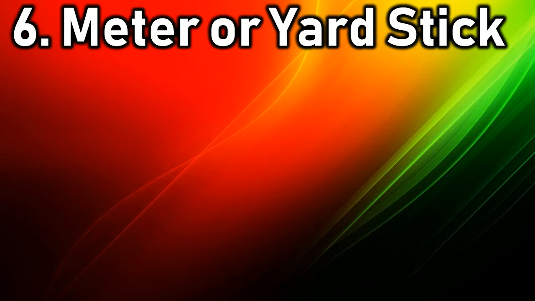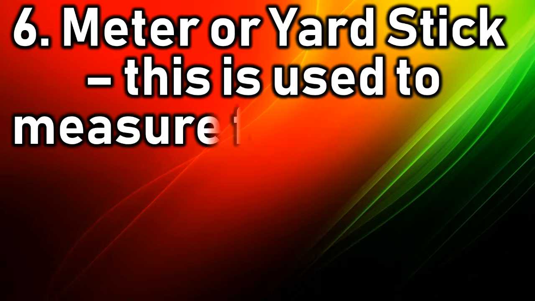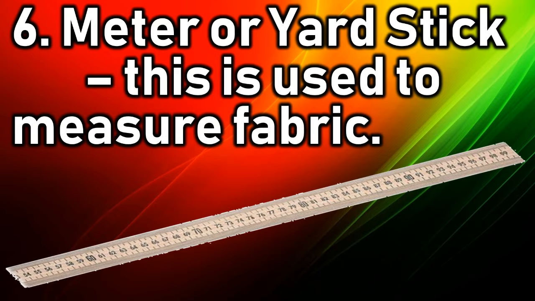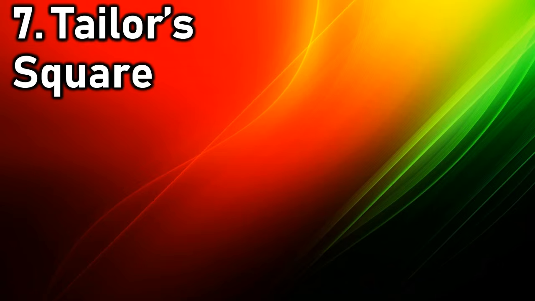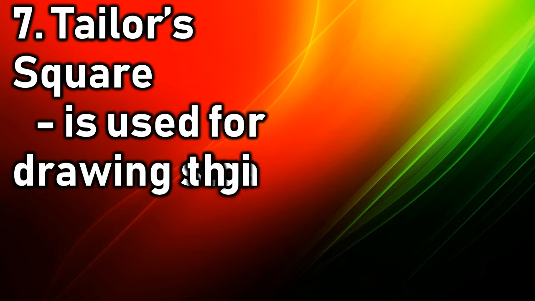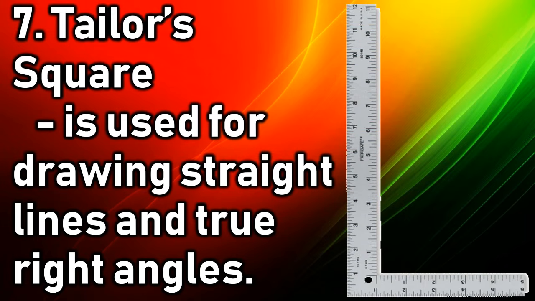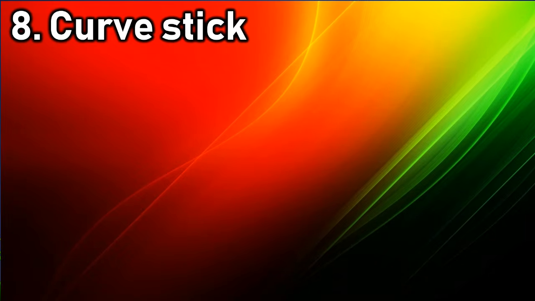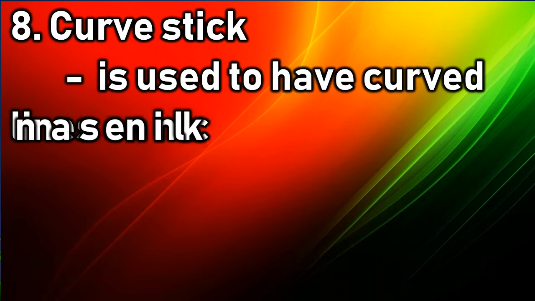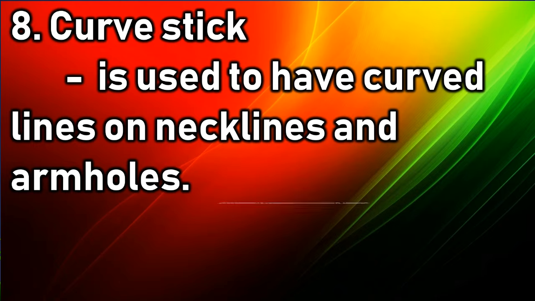Meter or yardstick. This is used to measure fabric. 7. Tailor's square is used for drawing straight lines and true right angles. 8. Curve stick is used to have curved lines on necklines and armholes.